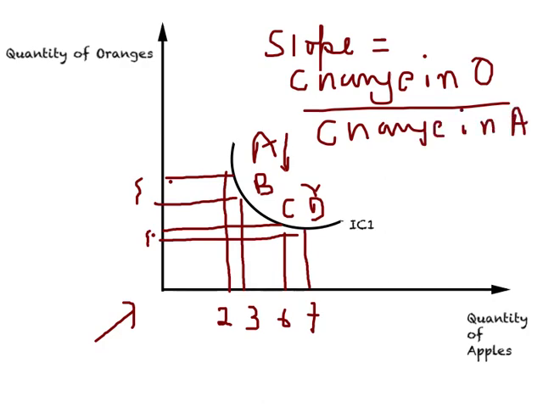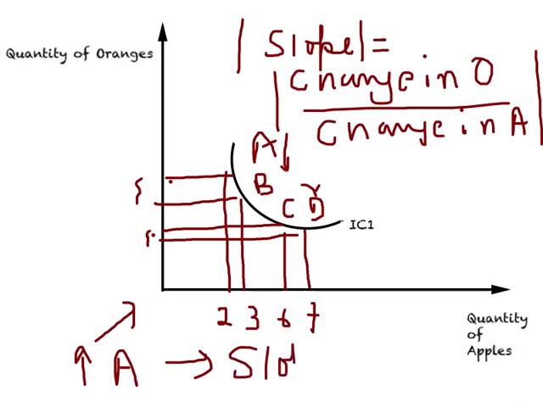And we know this number will be negative, so let's just take the absolute value of slope. And what will that be? It will be a positive number if you take an absolute value. And what you find is, as you increase consumption of apples, the absolute value of slope of the indifference curve falls, and when this happens, this gives rise to convexity of the indifference curve.